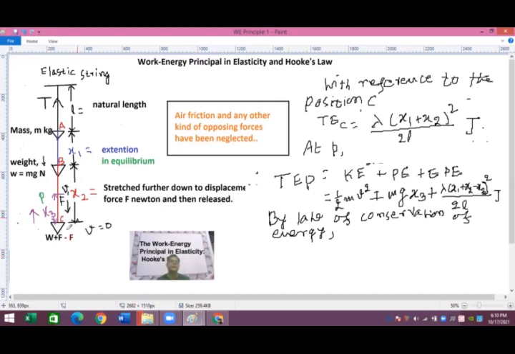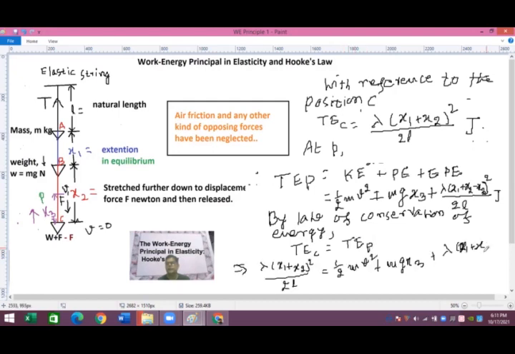That means the total energy at C will be equal to the total energy at P, and therefore you can write that by the law of conservation of energy, total energy at C equals total energy at position P, and then lambda (x1 plus x2 minus x3) whole squared divided by 2 times L.